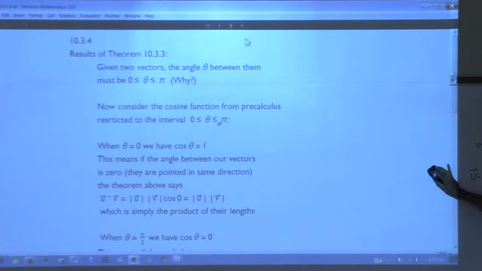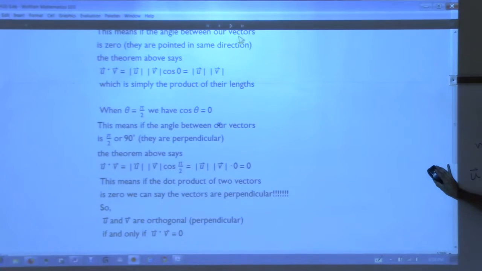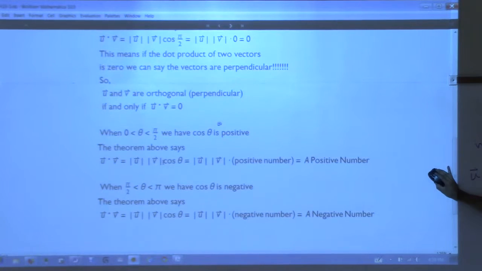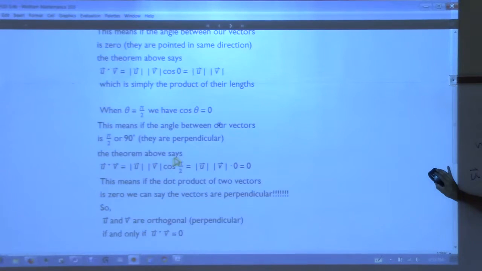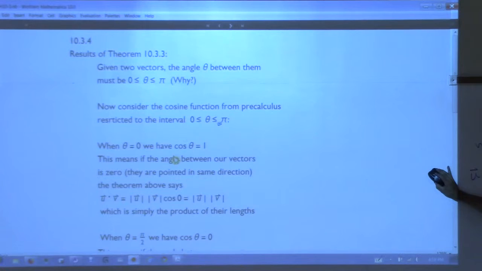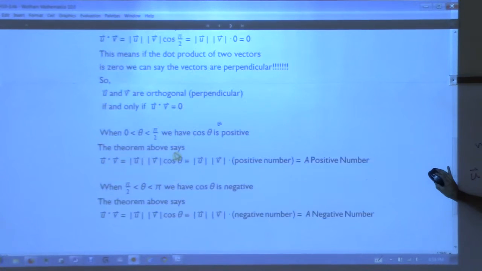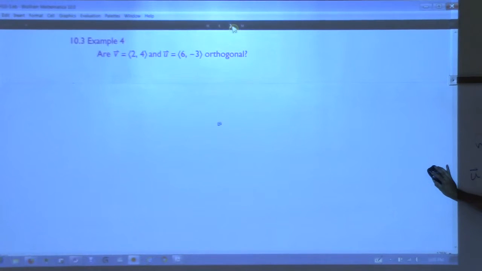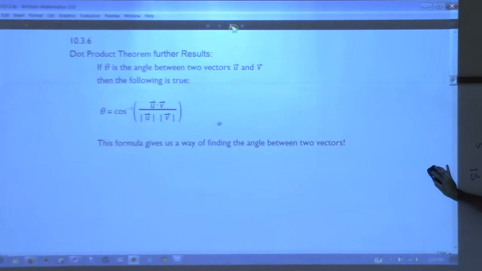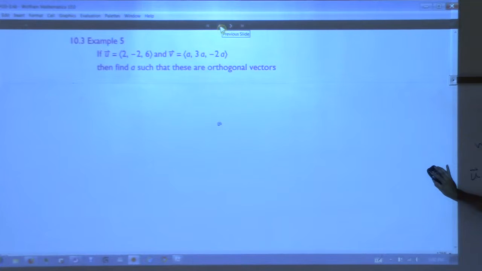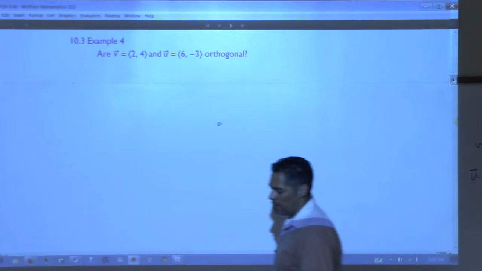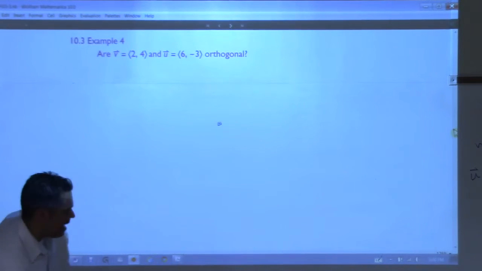All right. So the main thing here that we want to take away from this, where's the theorem? I think I have it written out. Hold on. See if we can take the main idea out of this.